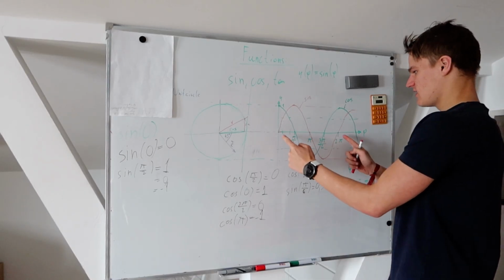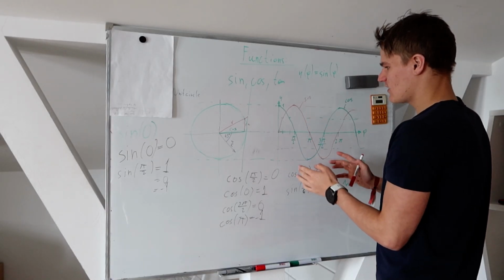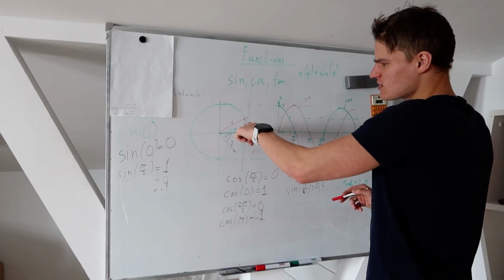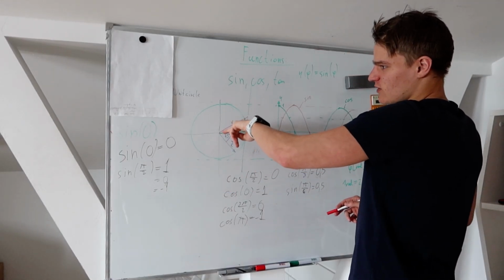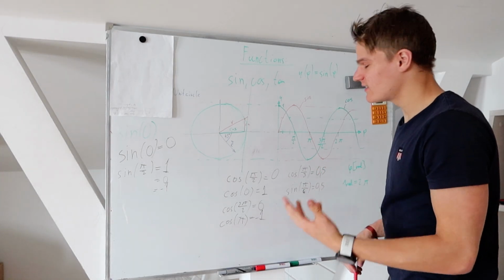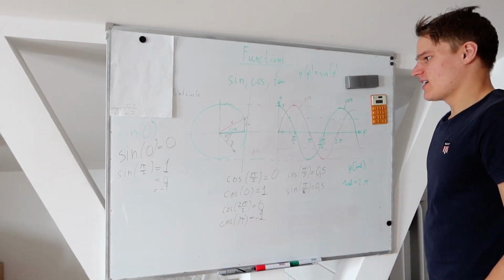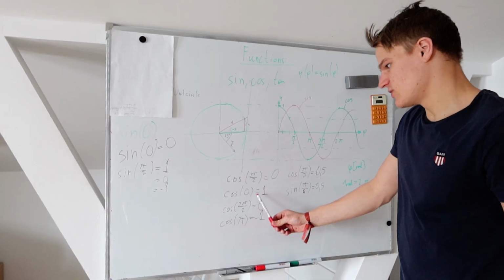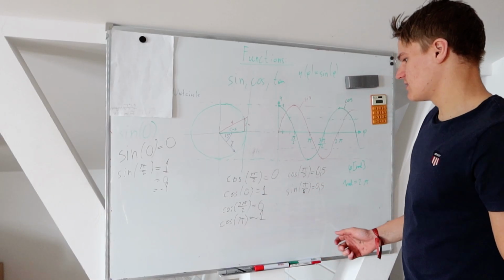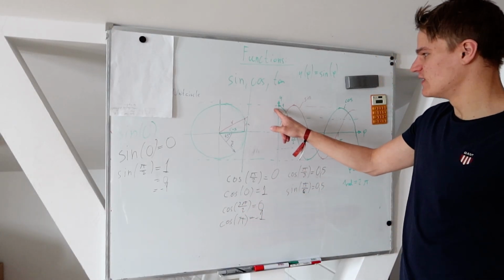So this is basically the interval at which it completed a whole circle, at which this radius has revolved around this circle one whole time, 2 pi, right? Same with cosine, except for the fact that cosine of 0, as we know, is 1, right? So I should maybe write this a little bit better, but let's just leave it like this. Cosine of 0 is 1. This is why we start here.